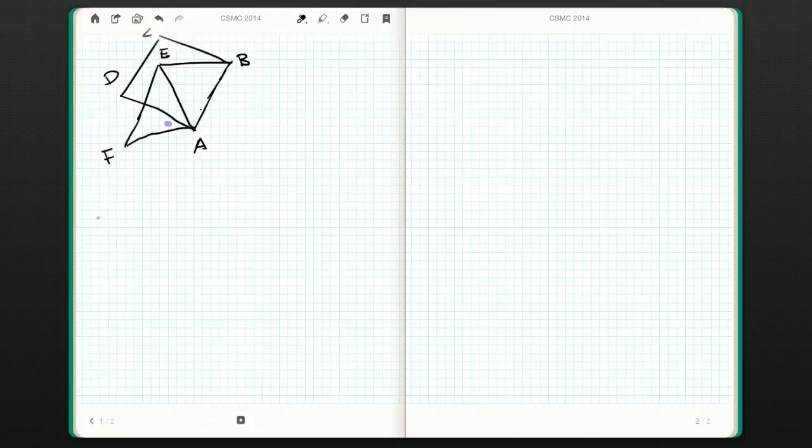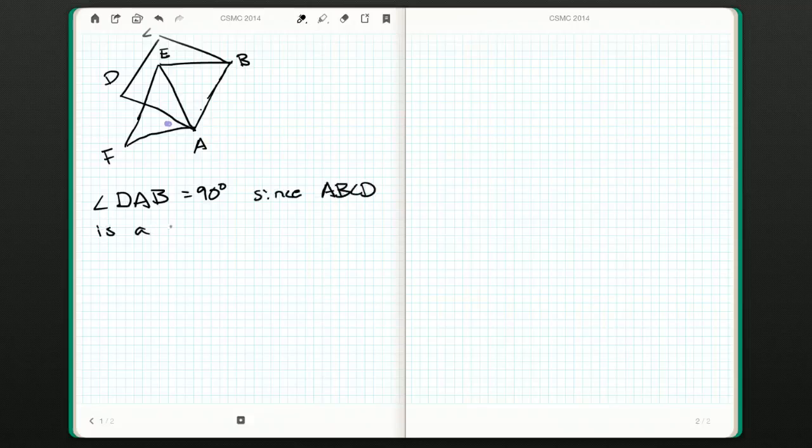So, I noticed that angle DAB is 90 degrees, since ABCD is a square. Another thing I can notice about DAB is that the line AE splits it up into angle DAE and angle BAE.